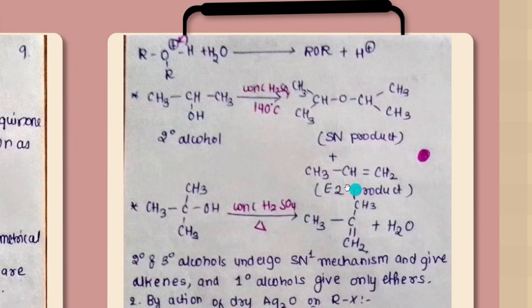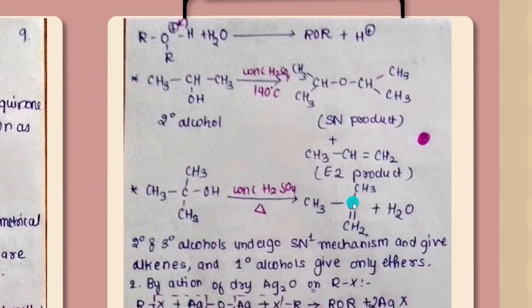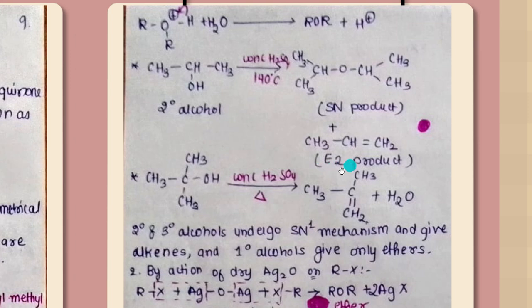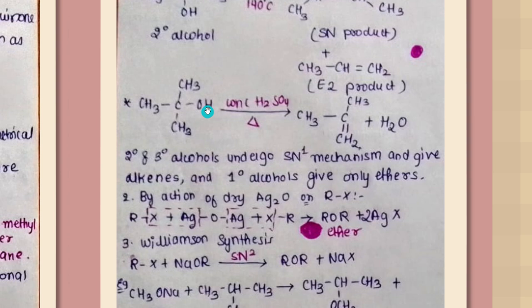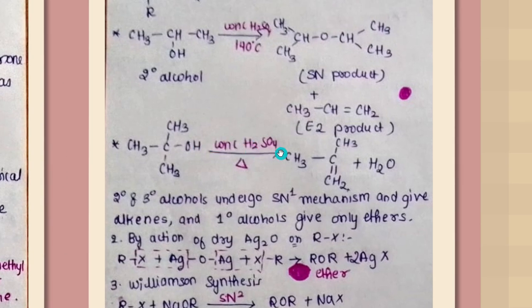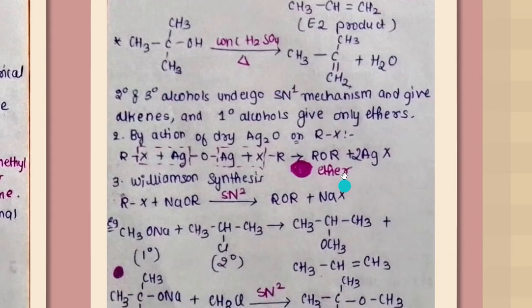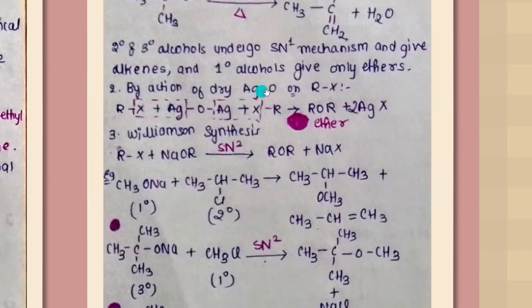Plus, it will also give me CH3CH=CH2, which is an alkene, the E2 or elimination product. Now, coming to tertiary alcohols, on reacting with concentrated H2SO4, they will directly give only alkenes plus H2O. So secondary and tertiary alcohols give alkenes, whereas primary alcohols only give ethers.